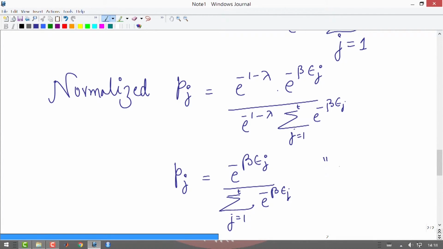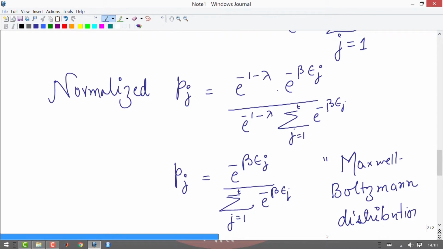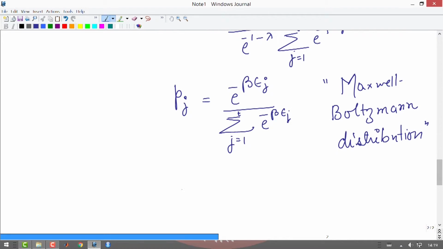And this is nothing but, if you say that beta is 1 over kT and the Ej's were nothing but the energy levels of the jth state, then this is nothing but the Maxwell Boltzmann distribution, where our normalization constant is also known as a partition function.